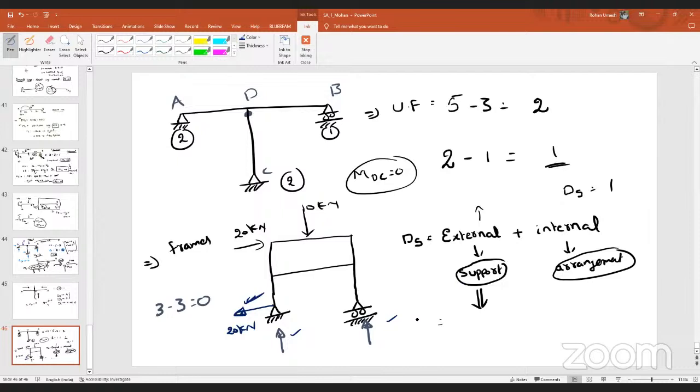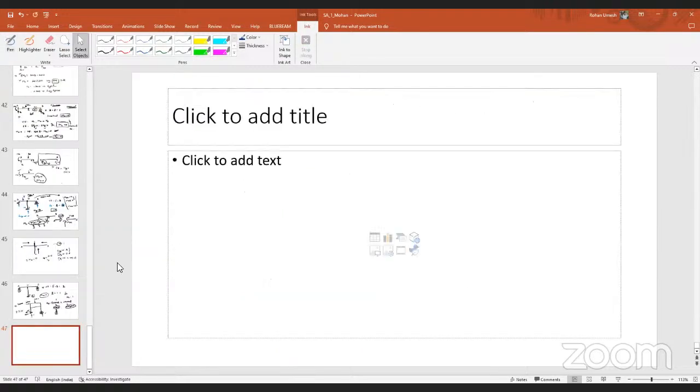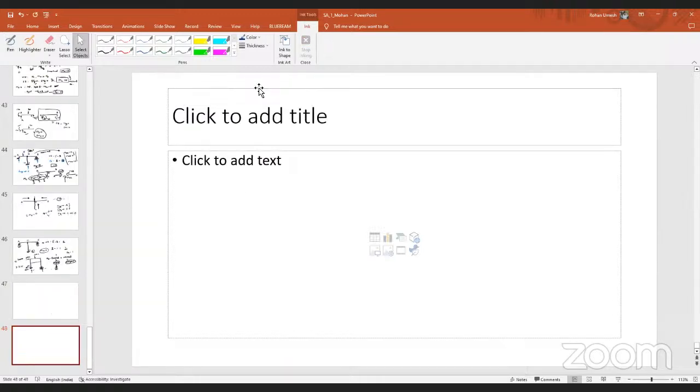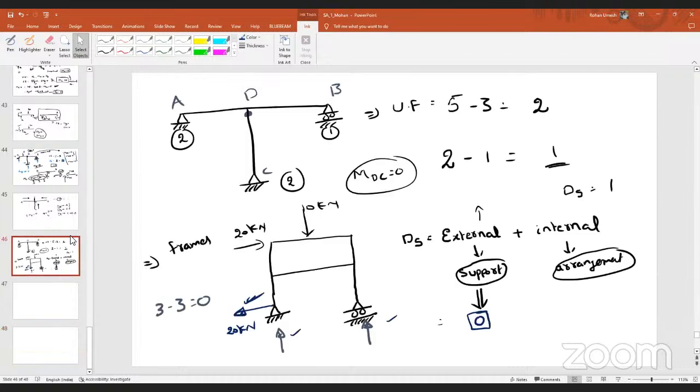Now, because of the supports, there is no indeterminacy to the structure. That's why what is the external indeterminacy? 0. Do you guys agree with this? External indeterminacy is 0. Now coming to the internal. Without explaining in a formulaic way, let me solve it for you.